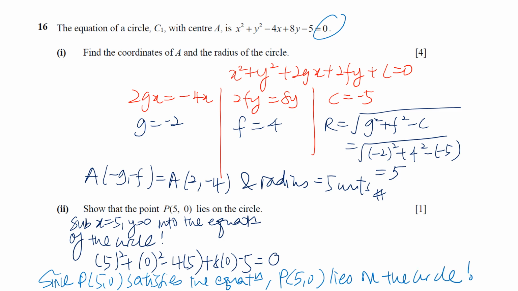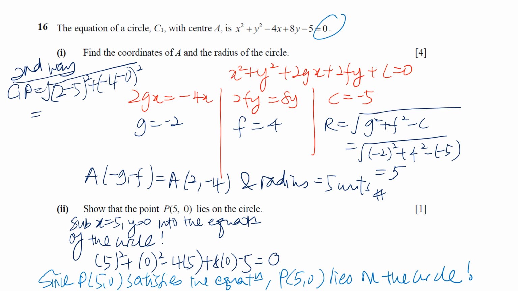Alright, another way of doing it is this, the second way. You just basically find the distance AP, which is the square root of (x1 minus x2) squared, right? So 2 minus 5 squared plus (y2 minus y1), so negative 4 minus 0 squared.